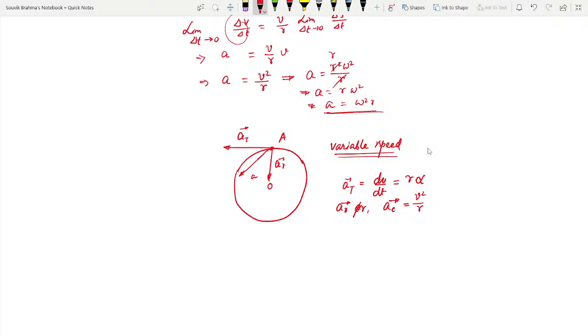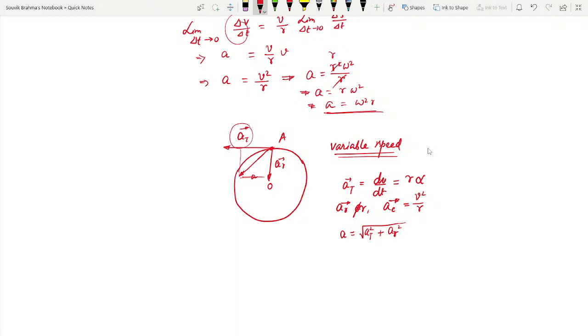This will be the resultant acceleration. As per the concept of the resultant, because the components are perpendicular, if two components are there and the angle between them is 90 degrees, you can directly write the resultant acceleration as the square root of a_t square plus a_r square. a_r square is nothing but a_c square.